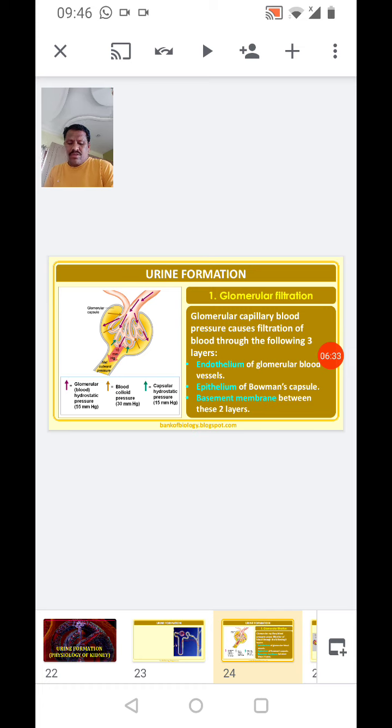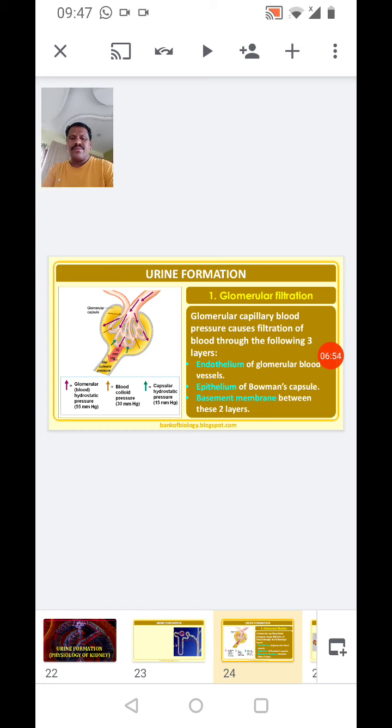And the second pressure is the hydrostatic pressure of the Bowman's capsule. That means in the Bowman's capsule always some fluid is present. That fluid also causes pressure, which is known as the hydrostatic pressure of the Bowman's capsule, which is 18 millimeters Hg.